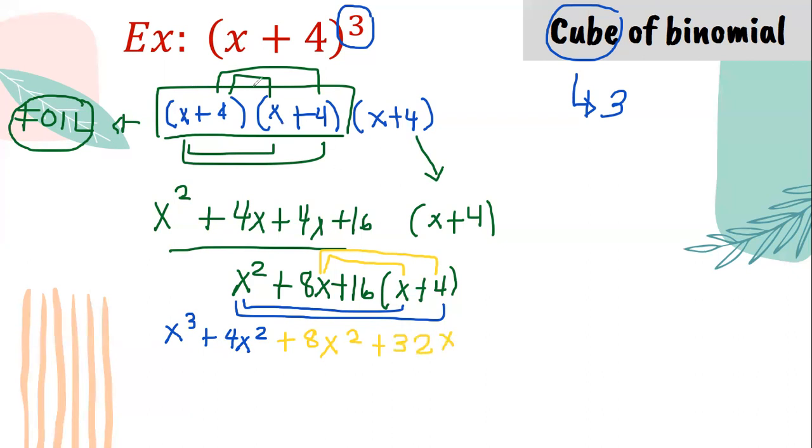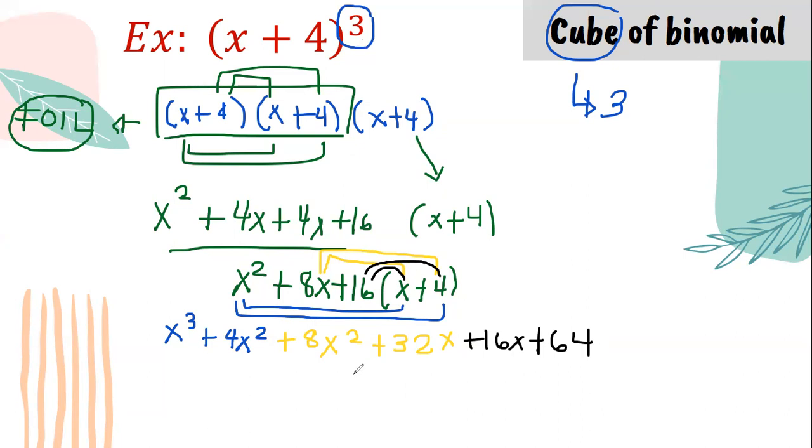Okay, next. Let's have the 16. Okay, you distribute 16, po. 16 times x, that is 16x. And then 16 times 4, what is 16 times 4? That is 64. This is not yet your final answer because you still have to combine like terms.